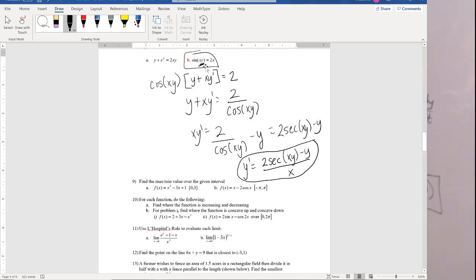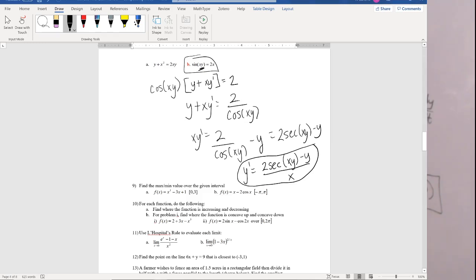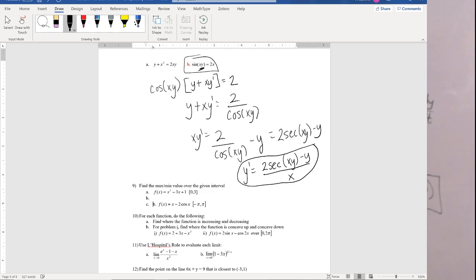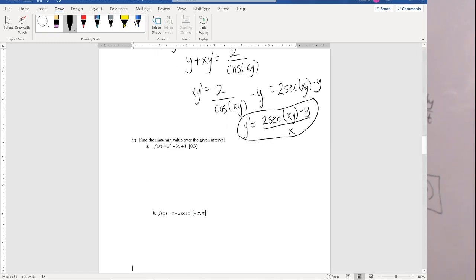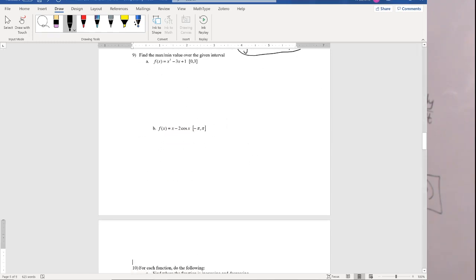I think the solution for 8b looks a little off there. Alright, so have you decided which part of 9 you want me to do? I guess if you don't give me one, I'll just pick one.